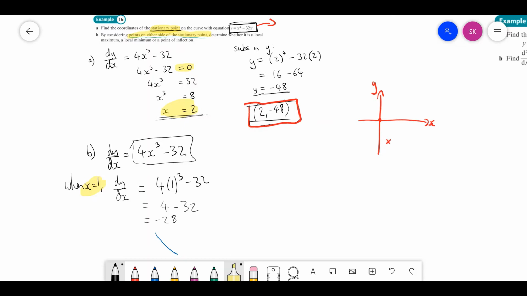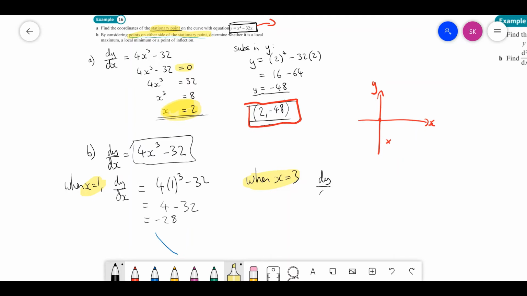So what do you think the other value of x I'm going to consider is going to be? Hopefully it's clear to you. We're going to do when x equals 3, because that is 1 up from x equals 2. It's the point to the other side of it.